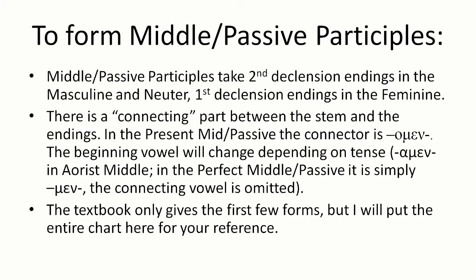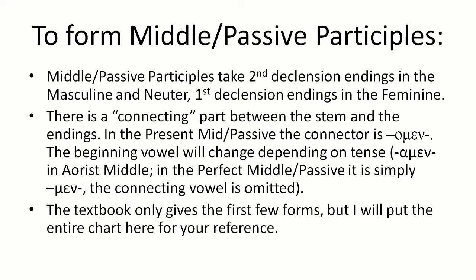Now, I've tried to be a little bit helpful here. If you will notice in the textbook where it deals with the middle and passive forms, on pages 145, I think, oh, check that, 148 and 149, the textbook only gives you the first couple of forms.